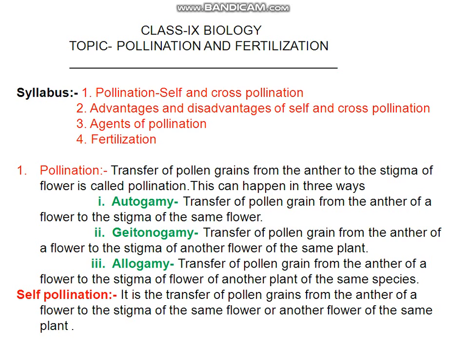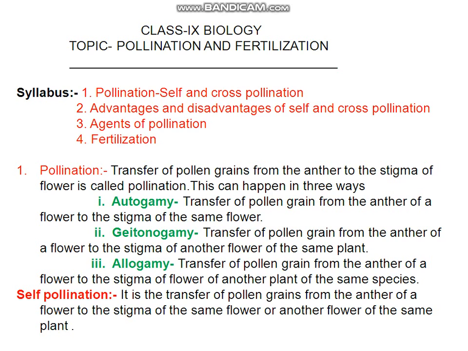At first, what is pollination? Pollination is the transfer of pollen grains from the anther to the stigma of a flower. Now, pollination can happen in three ways.